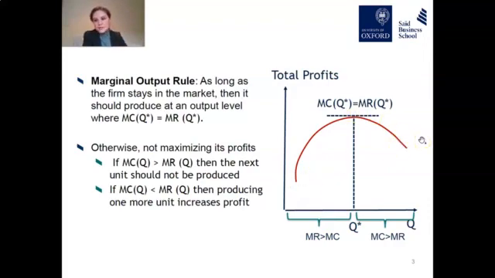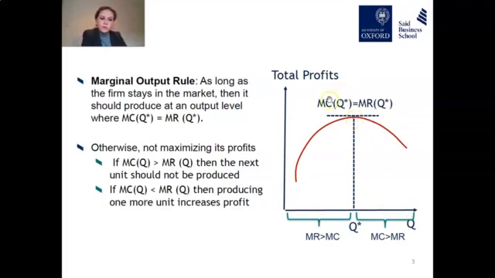So by looking at this, and for many firms, by the way, the profit function will have a shape something similar to this, you can actually immediately see that your total profits are maximized at that quantity level. That's Q star here. It is increasing up to here, and then if you continue to increase quantities beyond that point, it starts decreasing. So this is where you want to stop in terms of production.